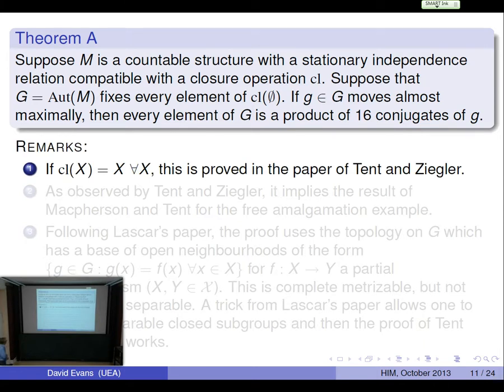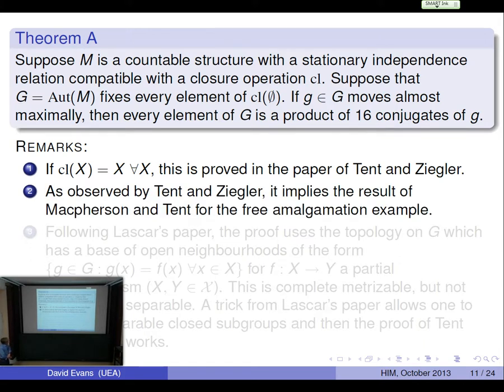In the case where the closure operation is trivial, this is proved in the paper of Tent and Ziegler. And they also point out that it implies that result of Macpherson and Tent for the free amalgamation case by the argument that I just gave you. Remember, free amalgamation gives you this stationary independence relation.